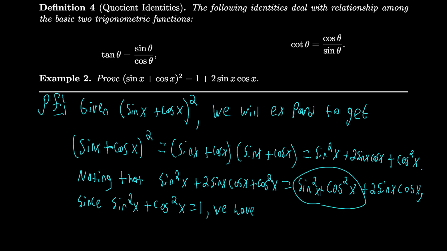So instead of writing sine squared x plus cosine squared x like this, we're just going to write 1 plus 2 sine x cosine x, which is what we wanted. So we're done. So you put a little box. And that was the end of a sentence, so you put a period. And that is the technical correct way to do the entire proof. So you tell me what you were given, then you give me the step-by-step. And I should be able to read what you wrote in paragraph form and deduce everything that you're doing.